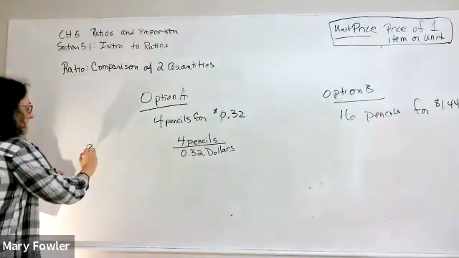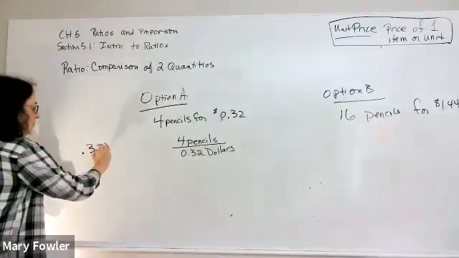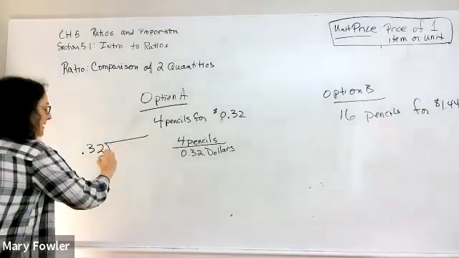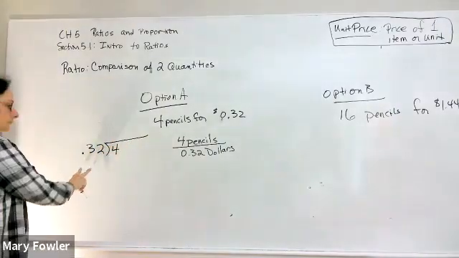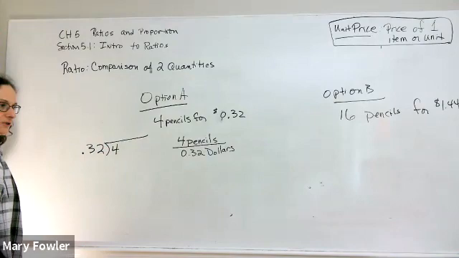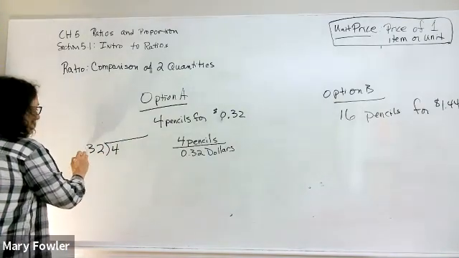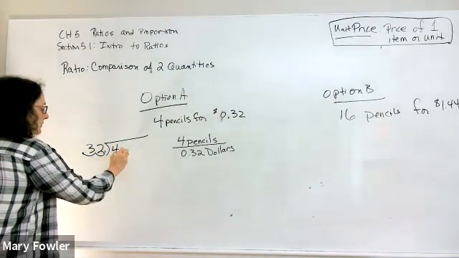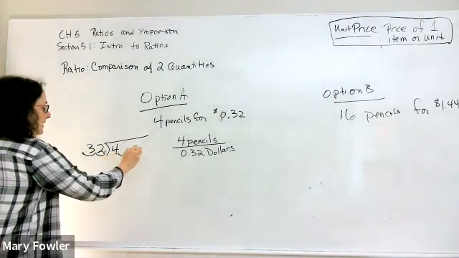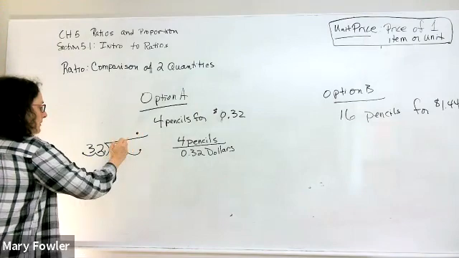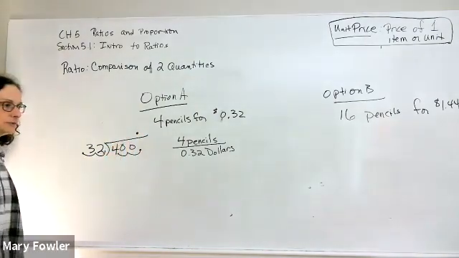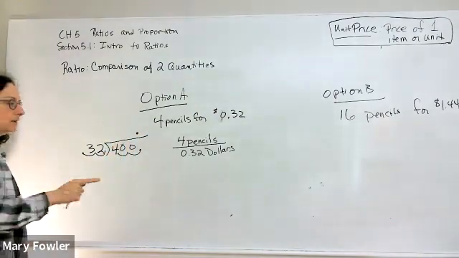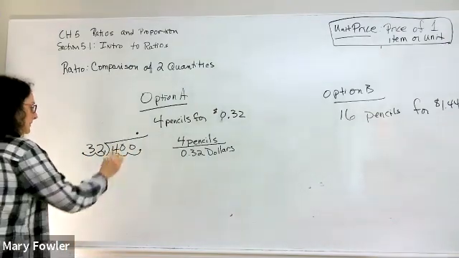We have to take the 0.32 and bring it into 4. Okay, this division problem, we'll move the decimal point twice to the right to clear the decimal point on the outside number. And so we have to move the decimal point twice to the right on the inside number.